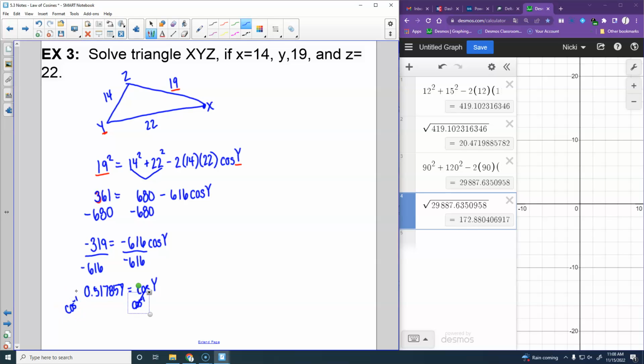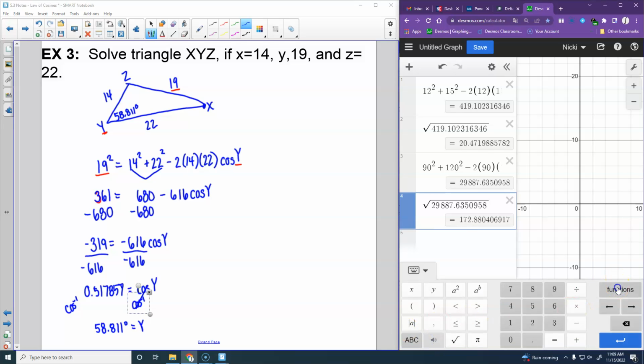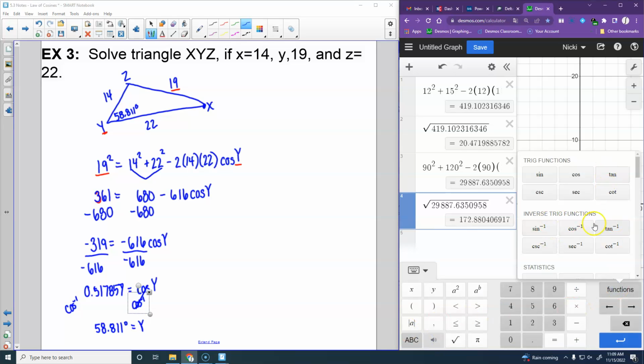If I do inverse cosine of that answer I just got, I'm going to get 58.811 degrees for my y. Inverse on Desmos, if you go to the keypad and go to functions, it's there. You should have inverse trig functions there.